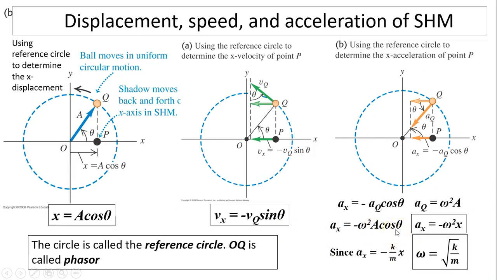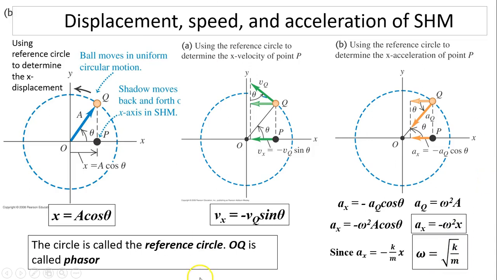A cosine theta gives us x, so ax equals negative omega squared times x. We also know ax equals net force over m, so ax equals negative k over m times x. That means omega squared has to equal k over m, so omega equals the square root of k over m.